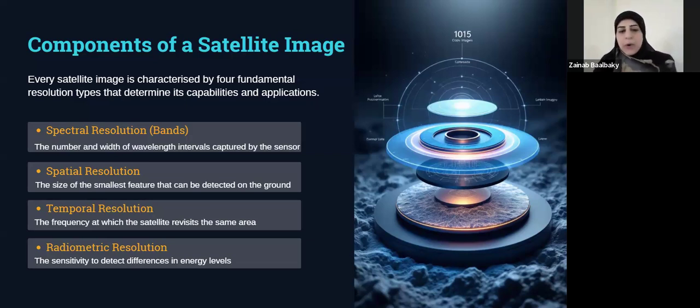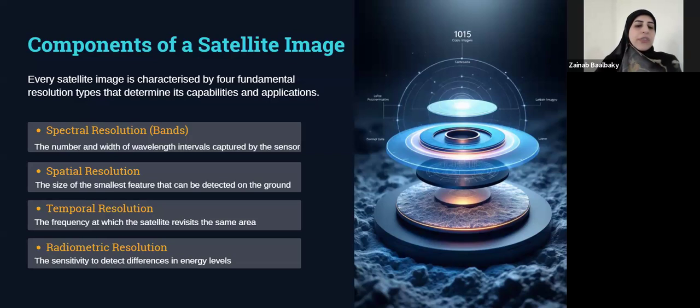Now I talk about temporal resolution, which is how frequently the satellite revisits the same location. Each satellite revisits the same location at varied periods. Some satellites revisit the same place every 5 days, such as Sentinel, and others revisit every day, like MODIS.